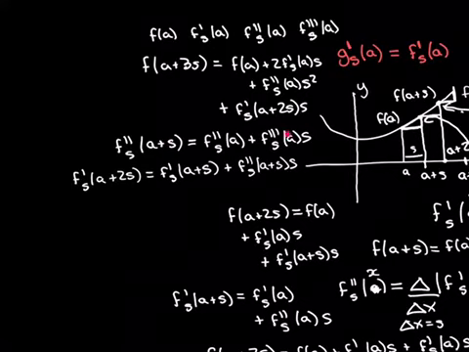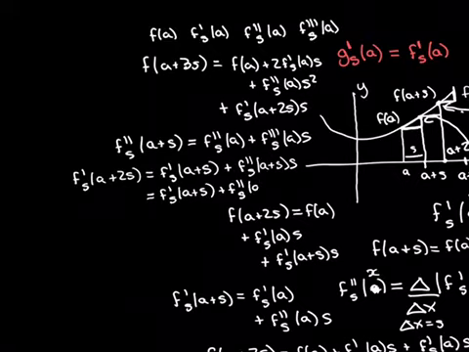So we can now stick in this formula for the second derivative there. So it's going to be f prime at a plus s plus the second derivative evaluated at a plus the third derivative evaluated at a times s, all of that times s.